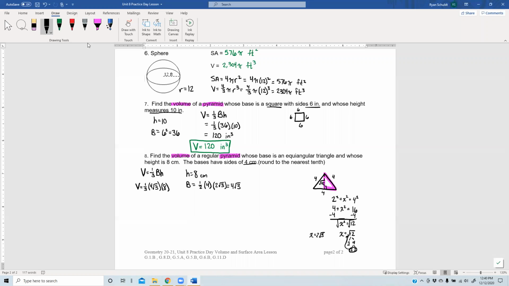Good thing we have a calculator because this isn't going to be pretty. So we type all this in. We're going to get 18.4752, and it keeps going on for a while here.